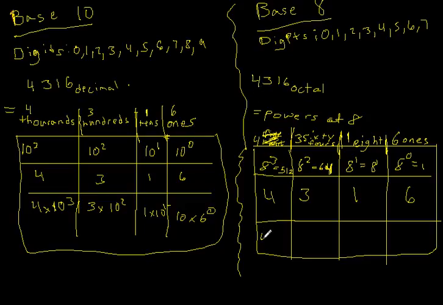Well, it'd be 4 times 8 to the third, 3 times 8 squared, 1 times 8 to the first, and 6 times 8 to the 0. And what you do from here is add these together.